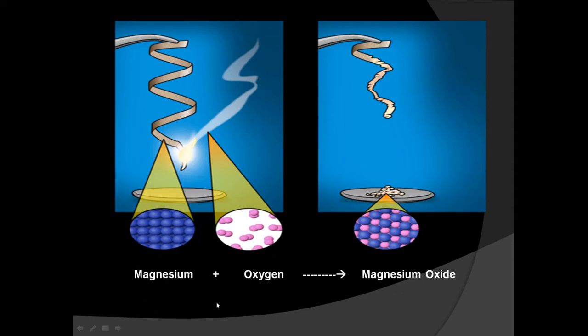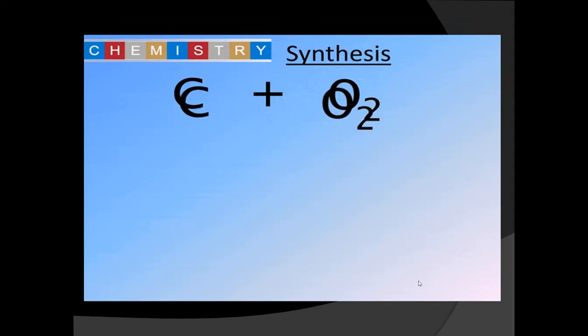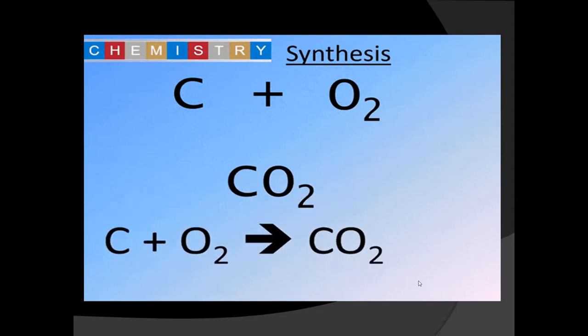So we have observed that two reactants have combined here. Such a type of reaction in which two or more reactants combine to give a single product is termed as combination reaction. Let us see a few more examples. Observe this image. Carbon plus oxygen.